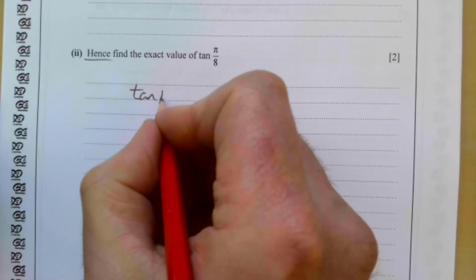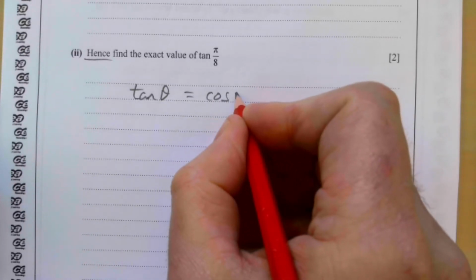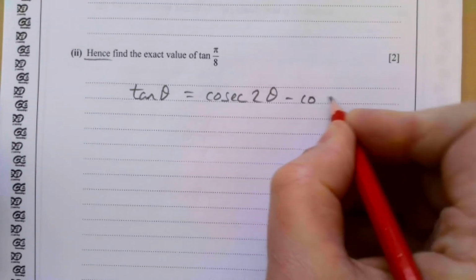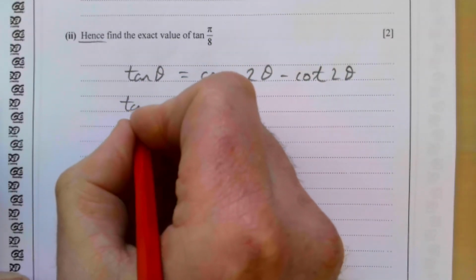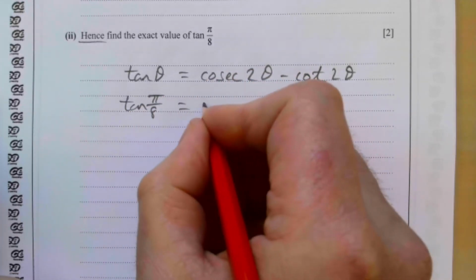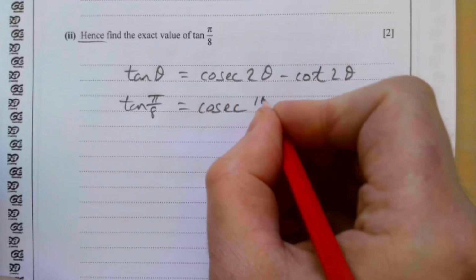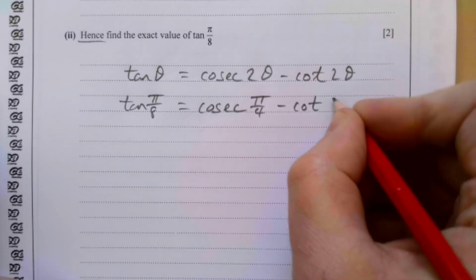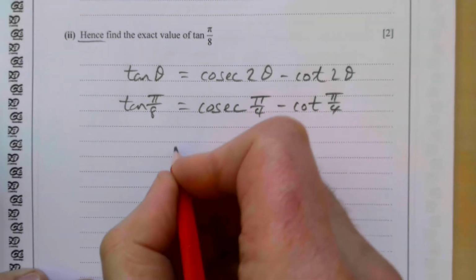So, we know tan theta equals cosec 2 theta minus cot 2 theta. That means tan pi over 8 equals cosec pi over 4 minus cot pi over 4.